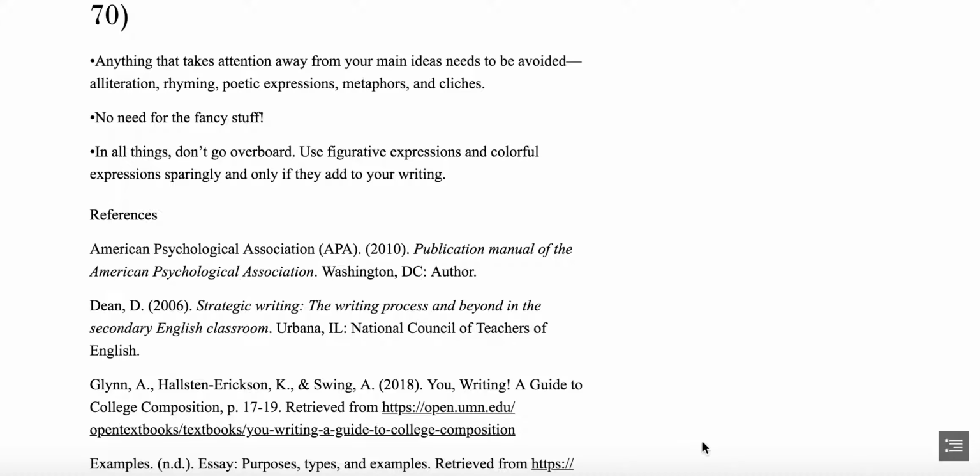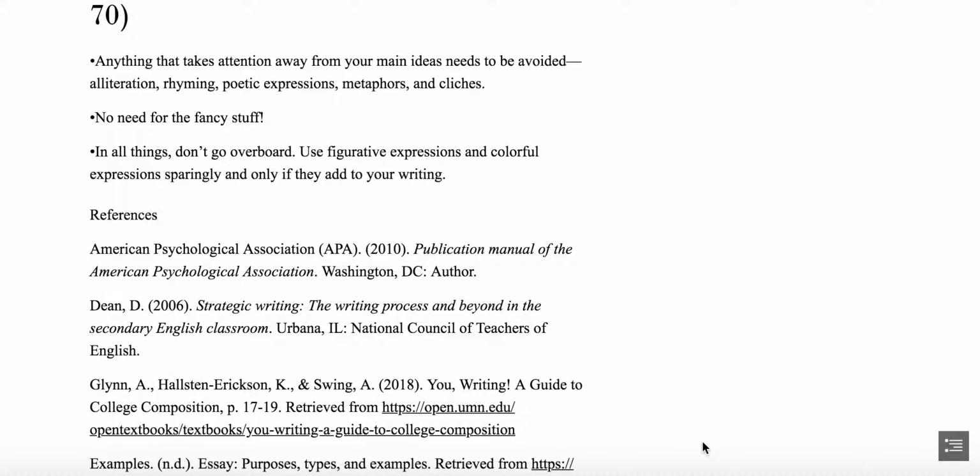Don't take away from your message by using too much flowery language or too many metaphors and things like that. Not only do I do academic writing, but I like to write fiction. I like to write poetry.